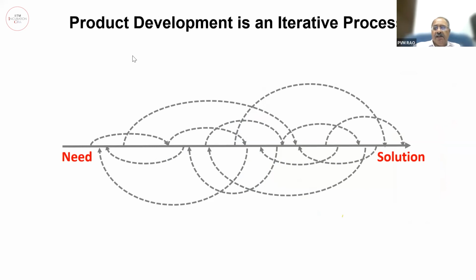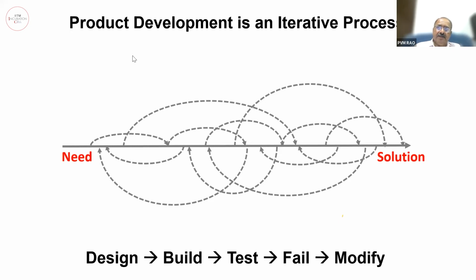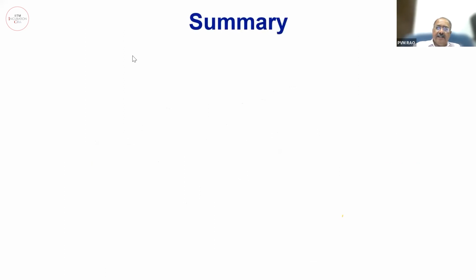One has to go through multiple iterations, and the number of iterations, which is shown here back and forth, reduces considerably if your initial research and the problem definition is done well, and you have explored multiple solutions and converged to the right solution through a filtering process. So design, build, test, fail, modify is a very necessary and integral part of any design thinking session.